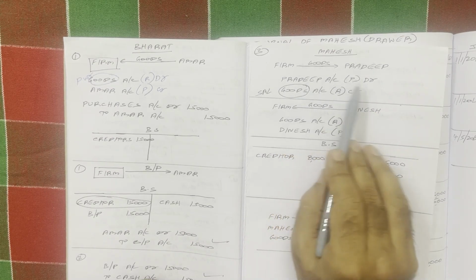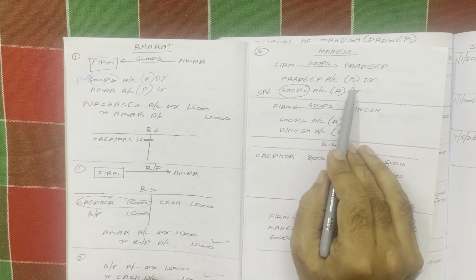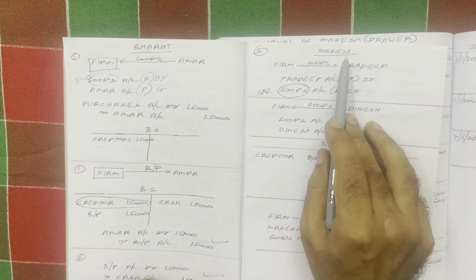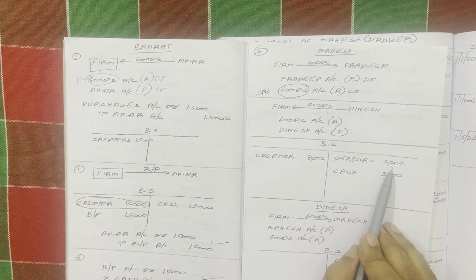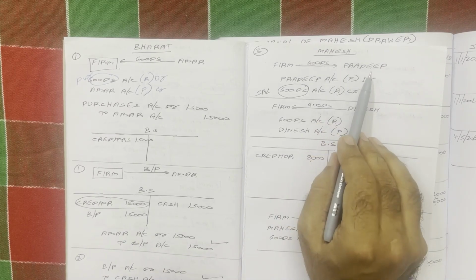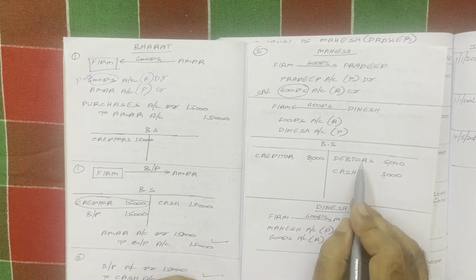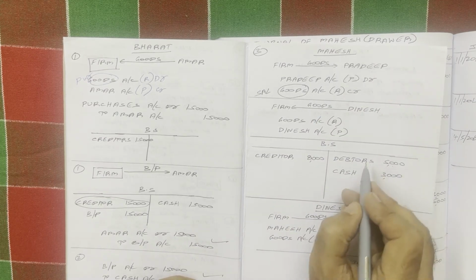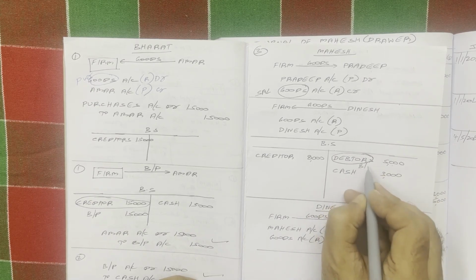When any personal account is debited, it means that person is a debtor. Debtor means asset. In Mahesh balance sheet, as a debtor, this 5,000 is appearing. Now what happened? Mahesh prepared a bill on Pradeep and he received acceptance on that.